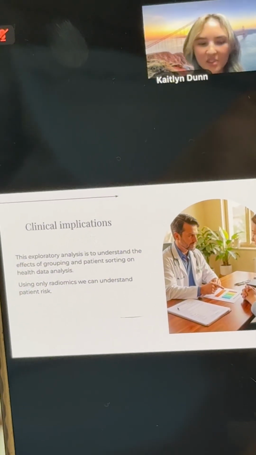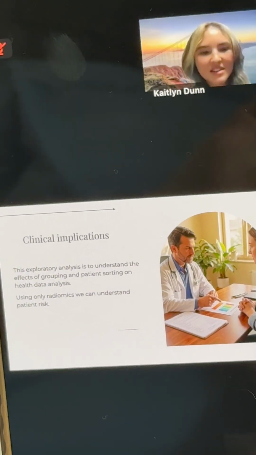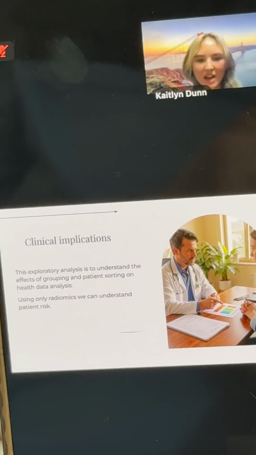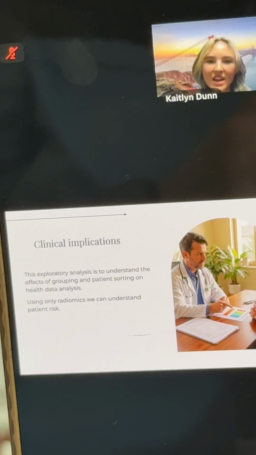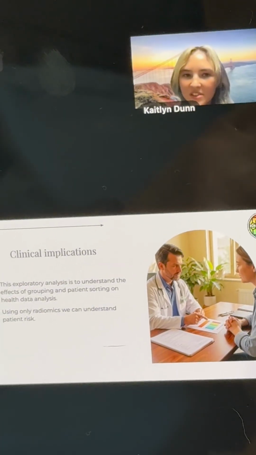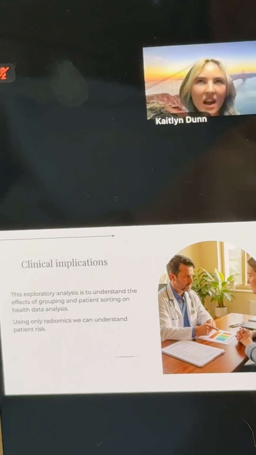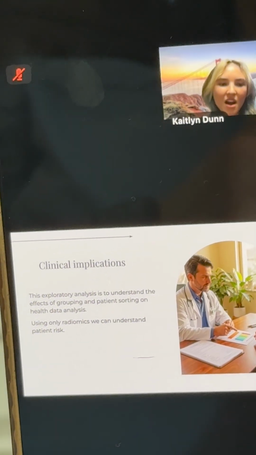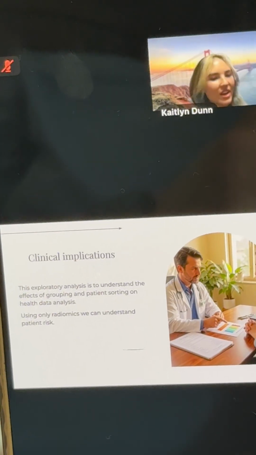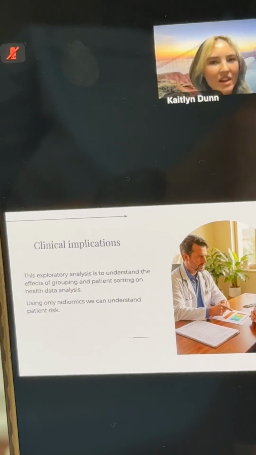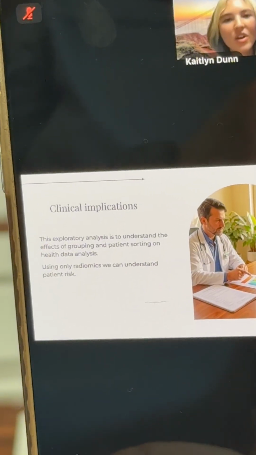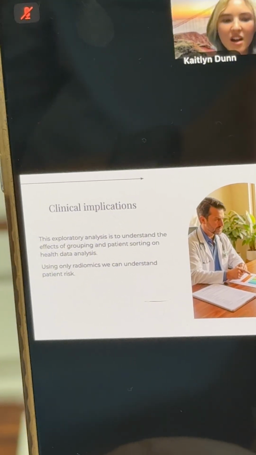So my clinical implications of this: this is a truly exploratory analysis to understand these patients' tumors and how the tumors may change throughout different risk categories, which reveals some very interesting insights regarding the current anatomical staging.